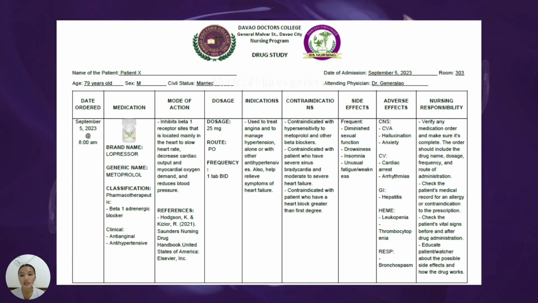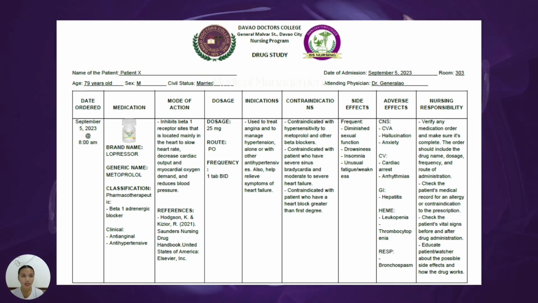Now, for the contraindications, it is contraindicated with patients who have hypersensitivity to metoprolol and other beta blockers. And also with patients who have severe sinus bradycardia, like the heartbeat is slower than the normal heart rate, and moderate to severe heart failure.